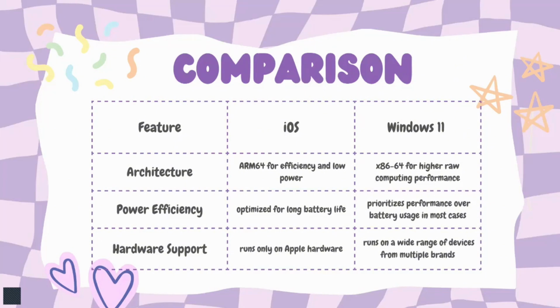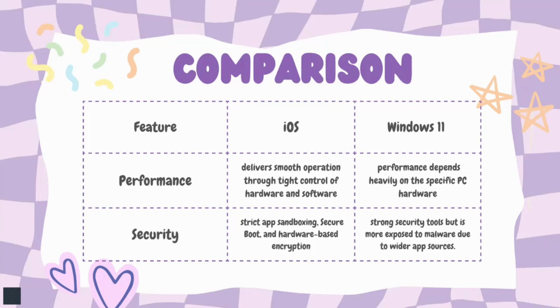iOS runs only on Apple devices like iPhone and iPad, ensuring stability between devices, while Windows 11 supports many devices like desktops, laptops, and Steam Deck, giving flexibility but less consistency. In performance, iOS delivers smooth operation because software is tuned to its hardware, while Windows 11 performance depends on the PC specs.